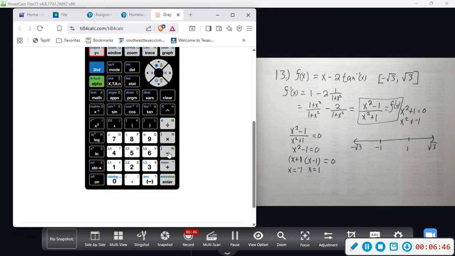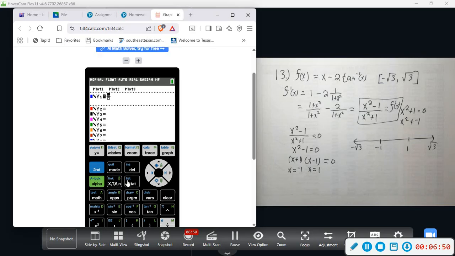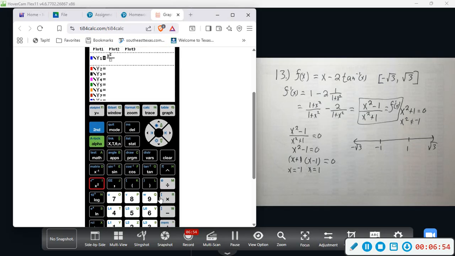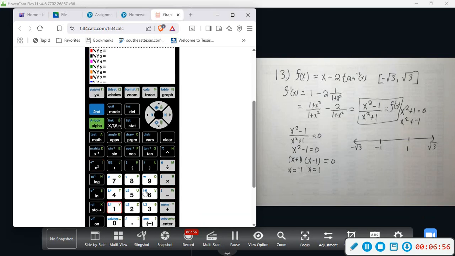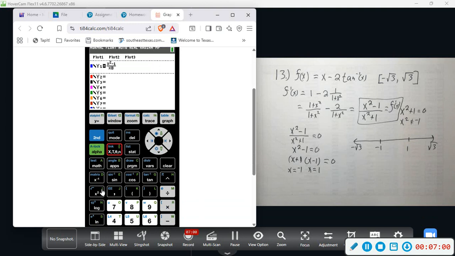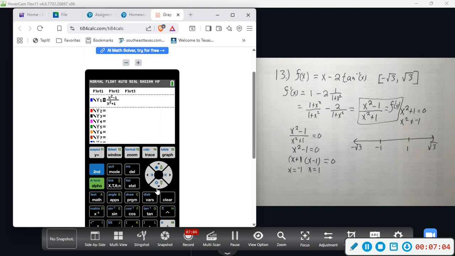Alpha y equals x squared minus 1, and then x squared plus 1. Alright, so that looks good, just like our derivative function.